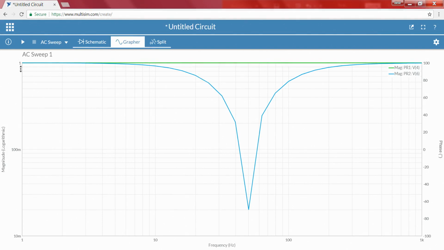But now, if you see, at a frequency of somewhere around 50 hertz, the magnitude is very small, right, and again, just above 50 hertz it started rising.